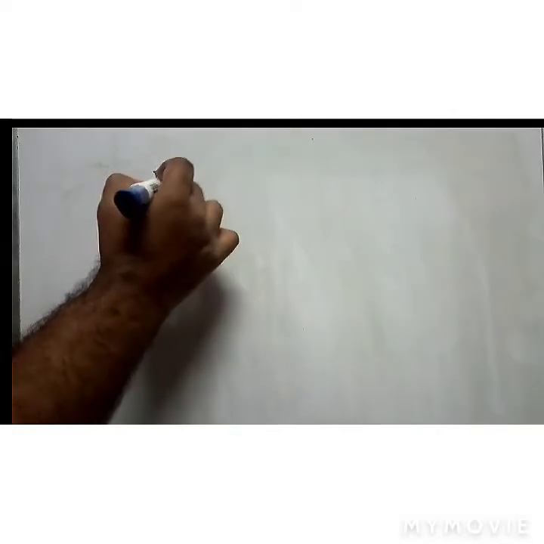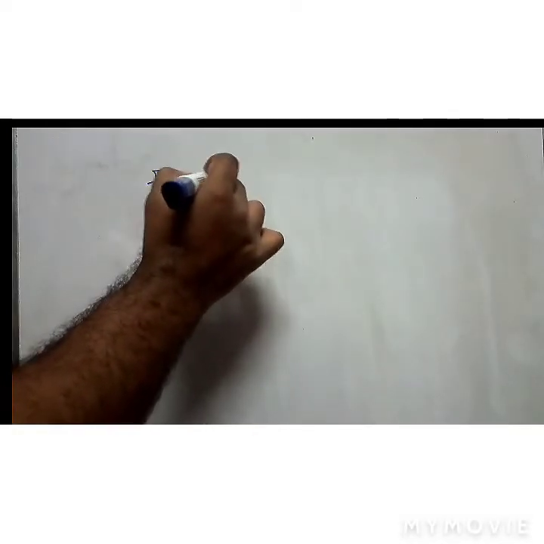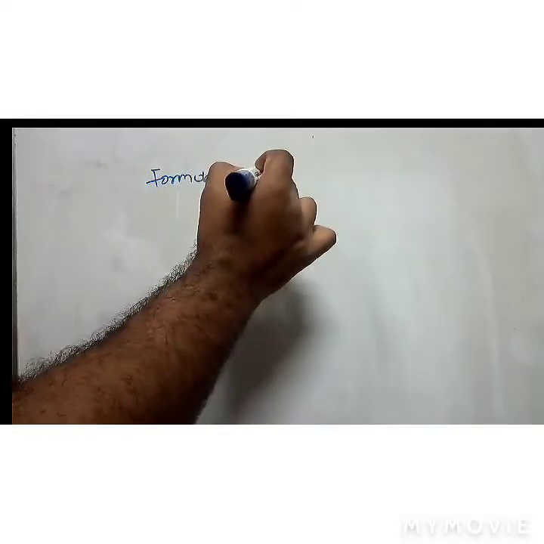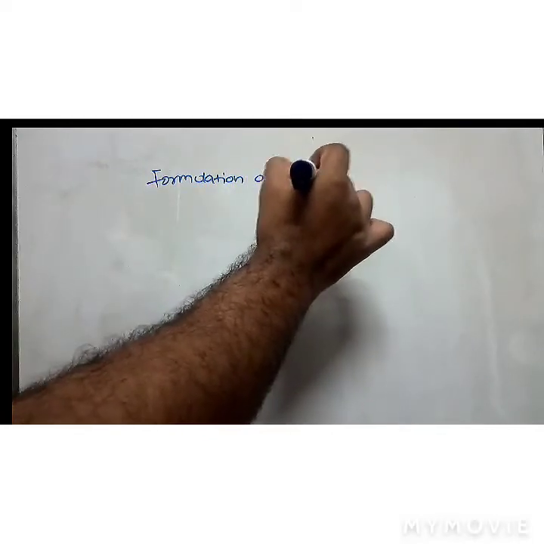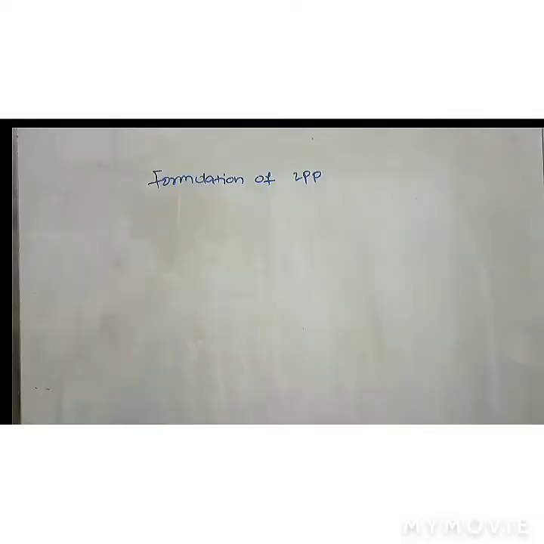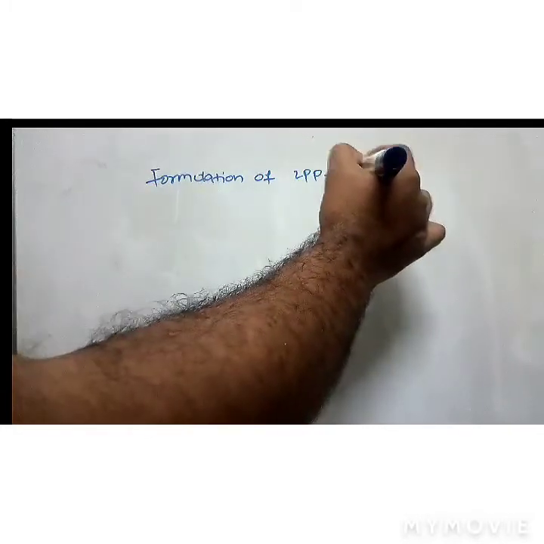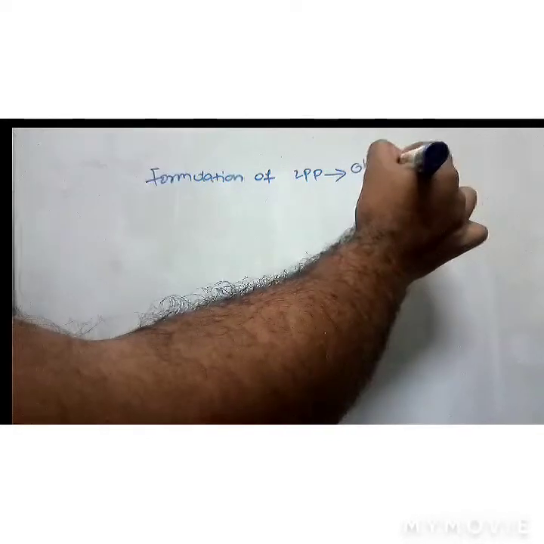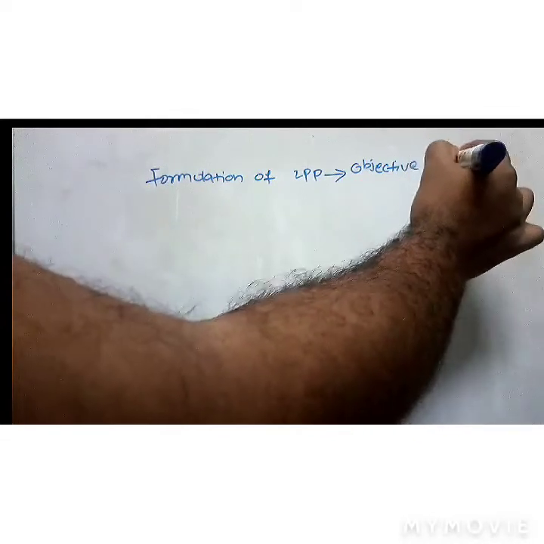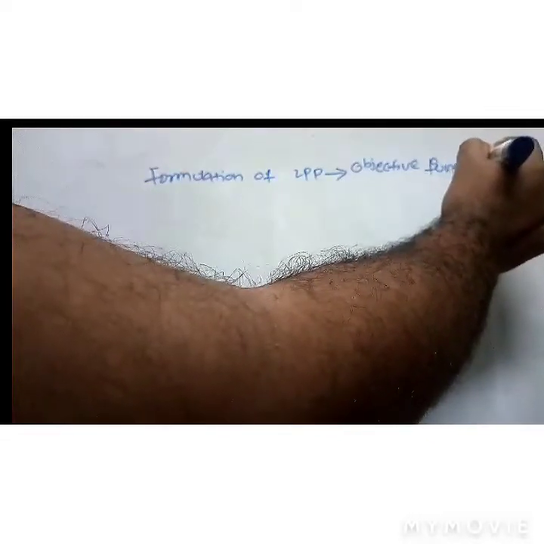So today we will learn what is LPP and how to formulate. Formulation of linear programming problem. In a formulation of linear programming problem, the important considerations are three things. One is the objective function, so we have to write the objective function.